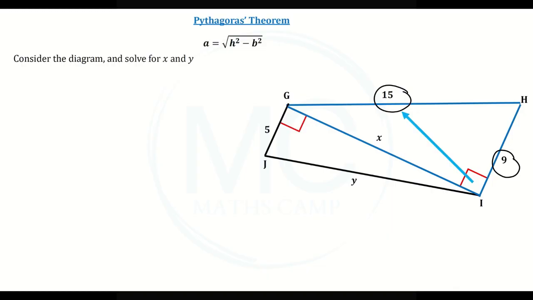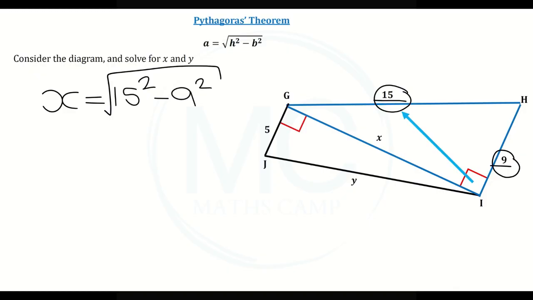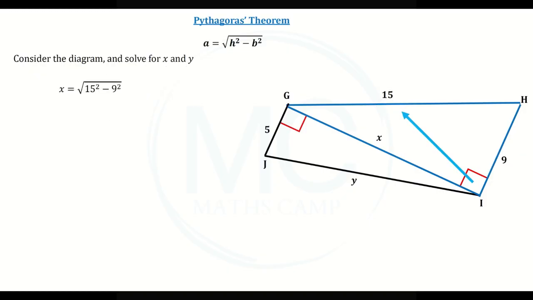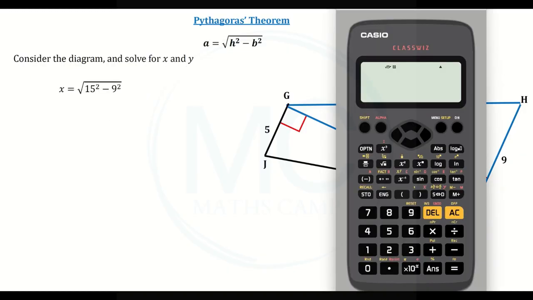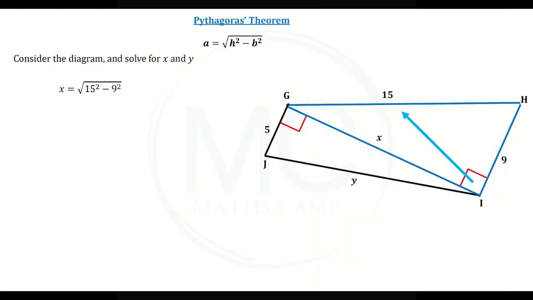So now we can say x is equal to the length of the hypotenuse, 15 units, so we say 15 squared, minus the length of the other known side, 9 squared, all under a square root. Now we can take our calculator and we say the square root of 15 squared minus 9 squared is equal to 12. This is the length of x.